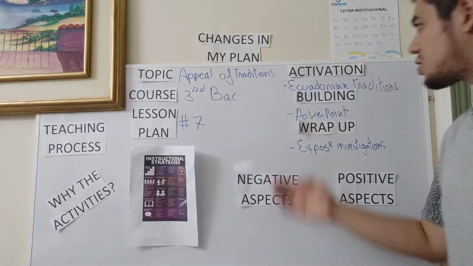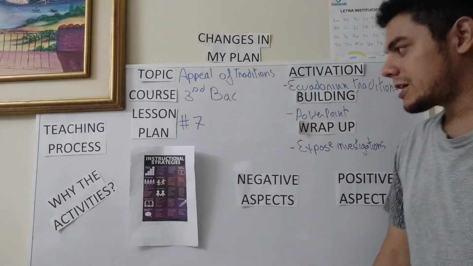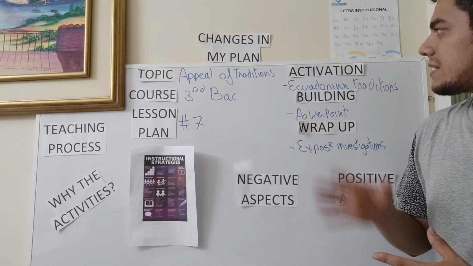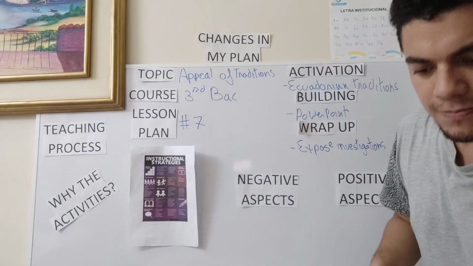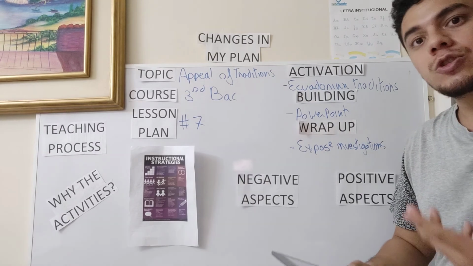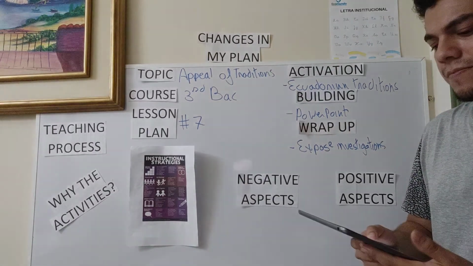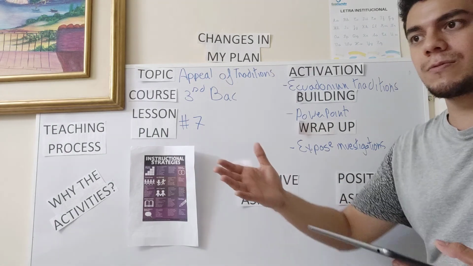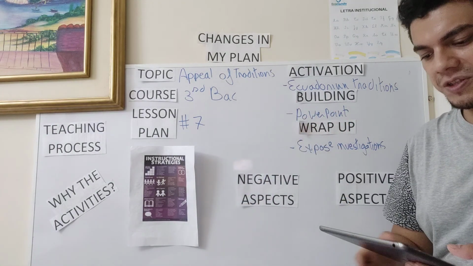So let's go with the first part of our teaching process, that is activation. In the book, there are many traditions, but this time students have to investigate Ecuadorian traditions. That's really good because we can know more about Ecuador.